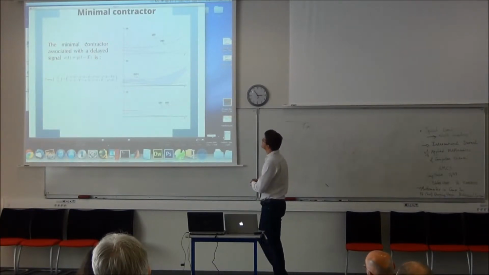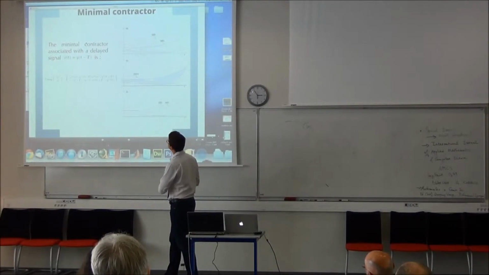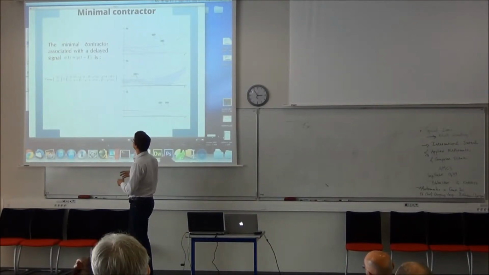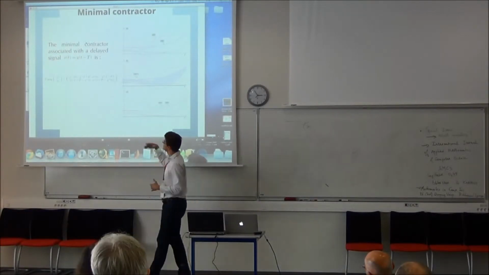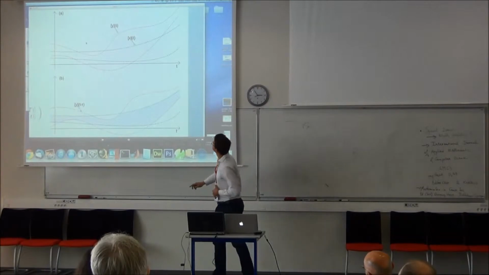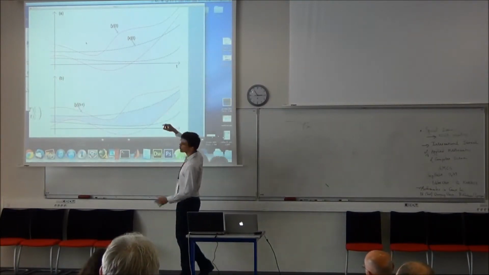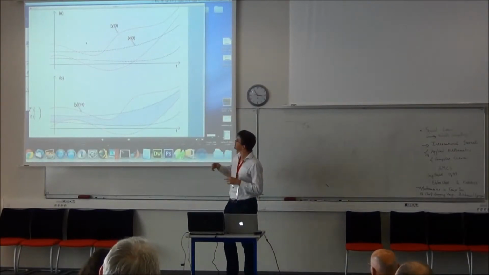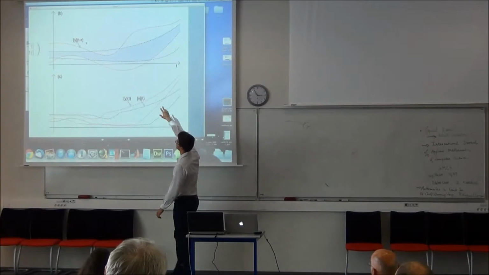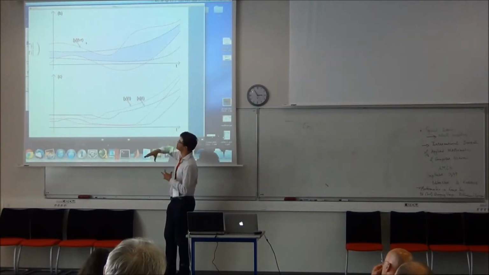So we can also define some minimal contractors. For example, the minimal contractor associated with the delayed signal x(t) = y(t − 2) is defined as follows. What this means is, for example, when we have two tubes, x and y, enclosing two signals, we are going to delay the tube y by 2 seconds, okay?